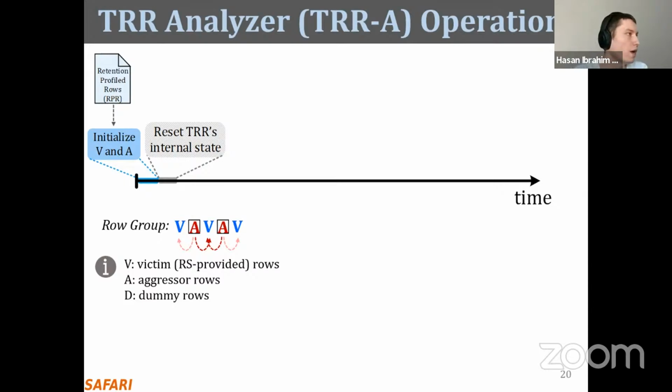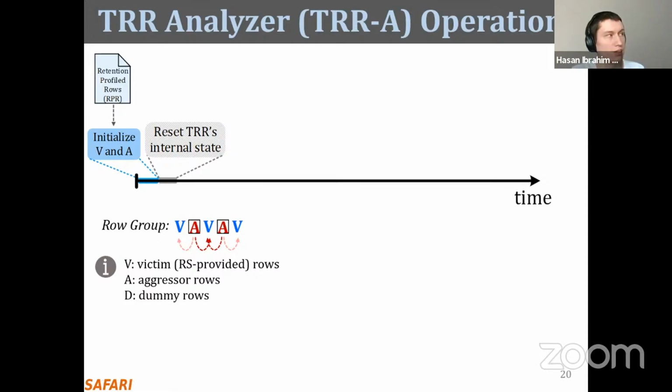Another purpose of this step is to prevent the victim rows and aggressor rows that we activate in order to initialize them from being detected as aggressor rows.